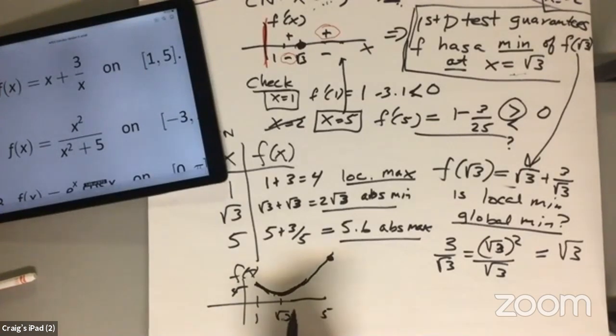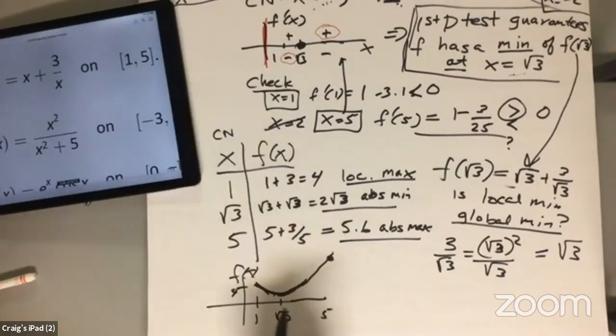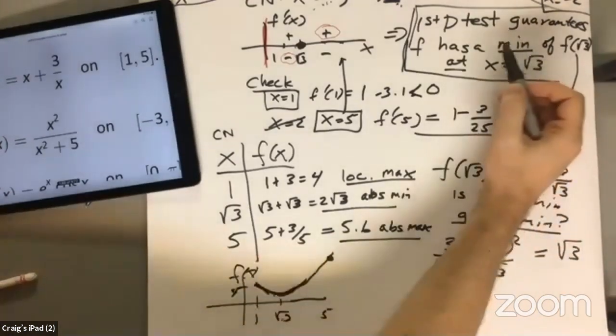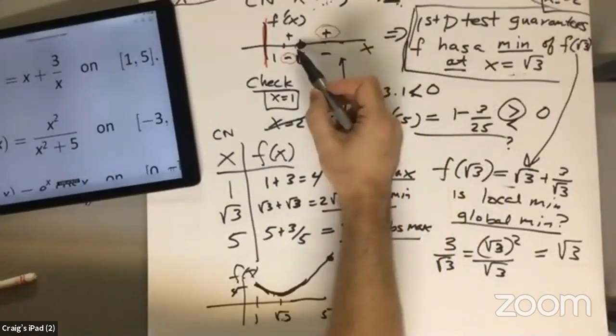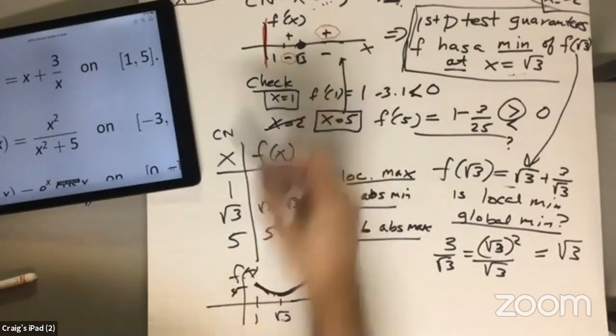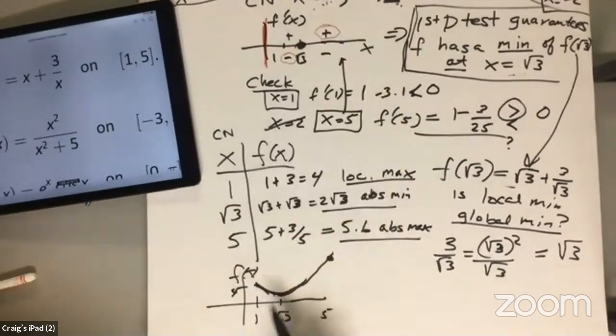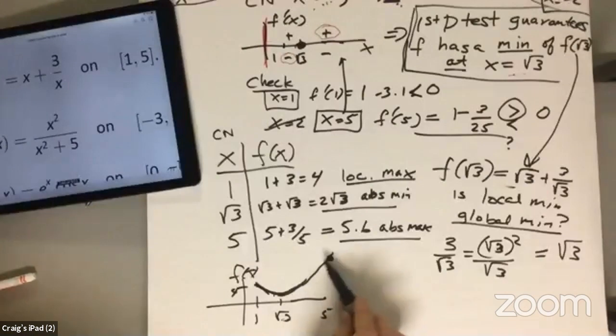Okay, so to repeat everything that I've been talking about, the derivative is 0 at root 3, derivative is negative here, derivative is positive over here. So the function itself looks like decreasing, then flat, then increasing.